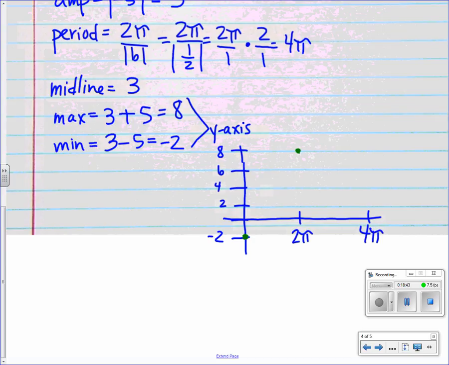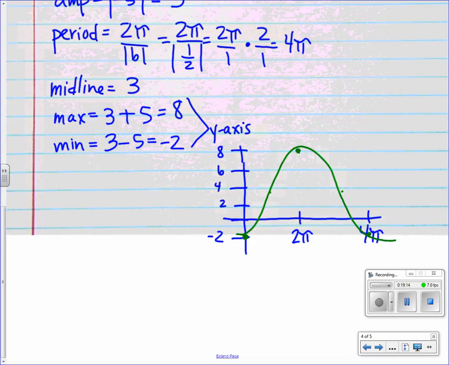And then the one full wave will end back down at the minimum. Okay? And halfway between each of those, it will be at the midline, which is at 3, in case you want to put those. Otherwise, then you can just draw your cosine wave.